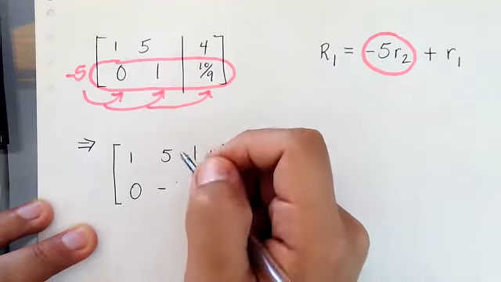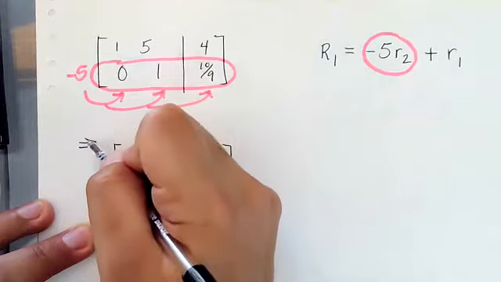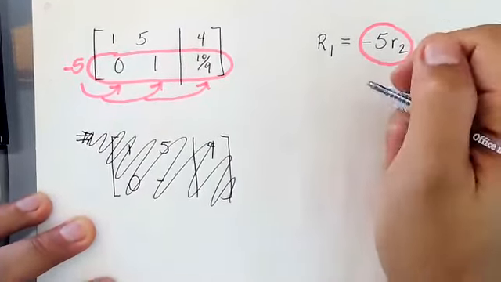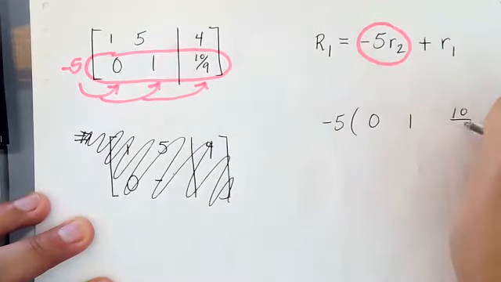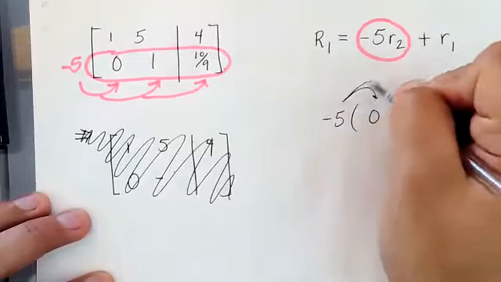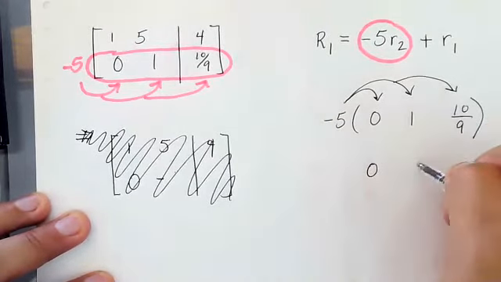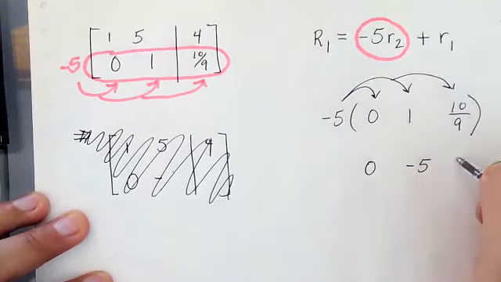I didn't want to do that. That's fine. Let me go ahead and cross this out. Let me just do my scratch work to the side. So if I multiply this out, did we get 0, -5, and -50 over 9?